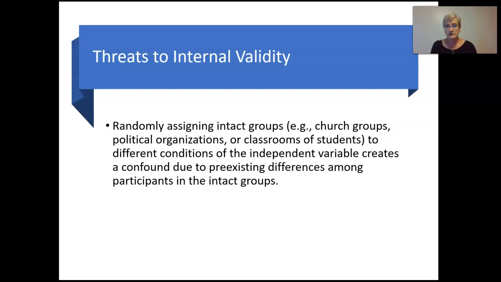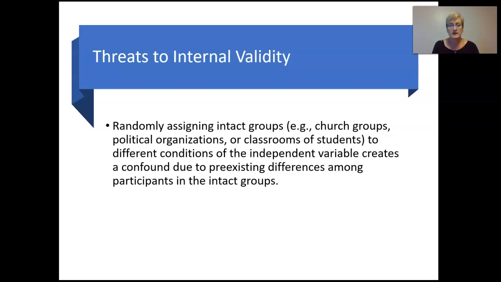If you take an entire group, say you sample one church group and put them all in one condition, then you go to another church group and put them in the second condition, and another church group and put them in the third condition, you have harmed your internal validity because there could be naturally occurring differences between those intact groups.